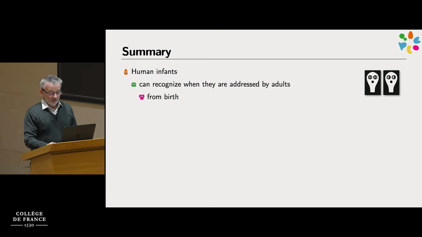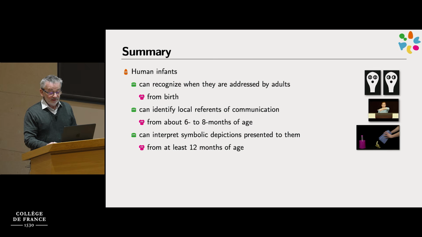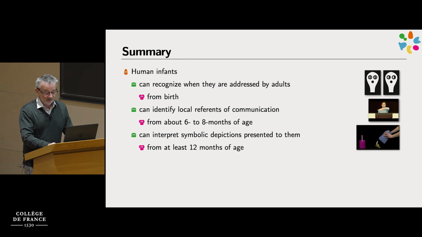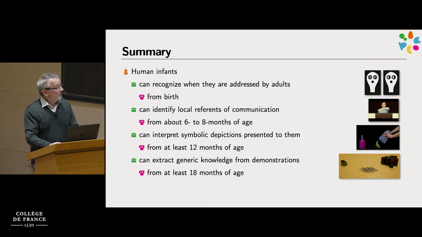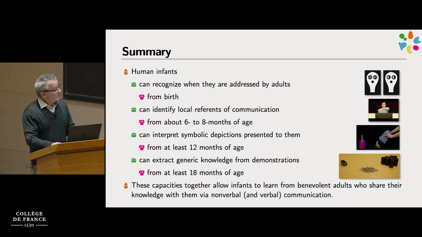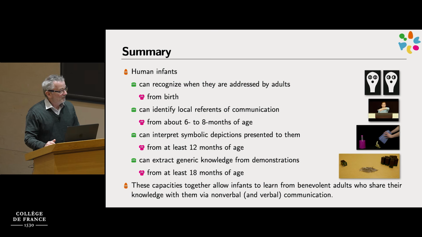And then they can extract generic knowledge from demonstrations from at least 18 months of age. And so these capacities together allow infants to learn from benevolent adults who share their knowledge with them via non-verbal, and of course also verbal communication.